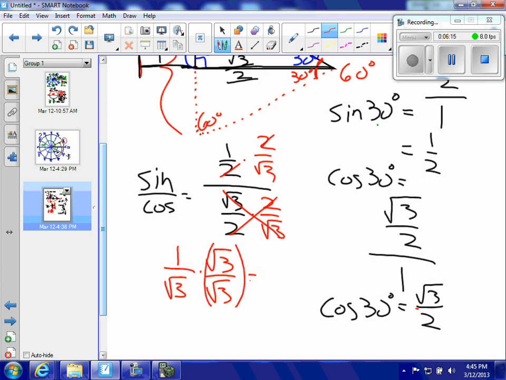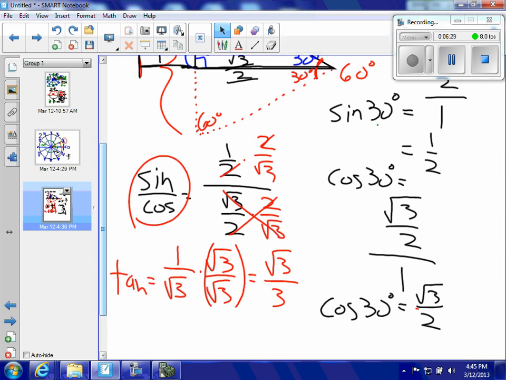And that gives me radical 3 over 3. So sine over cosine, as we know, is tangent. So now I have my 3 trigonometric functions for a 30, 60, 90 right triangle. I can find cosecant, secant, and cotangent simply by taking the reciprocal of those 3 functions.